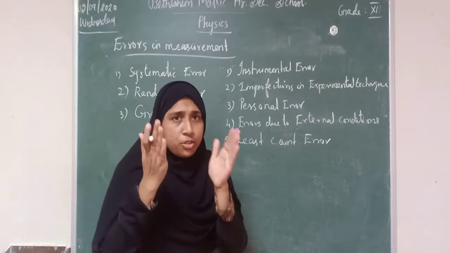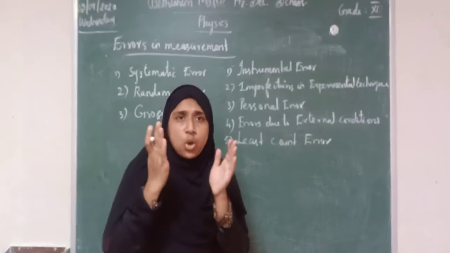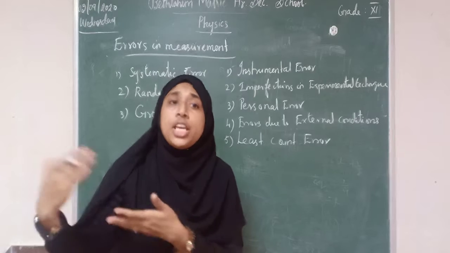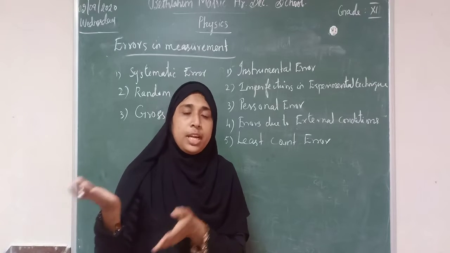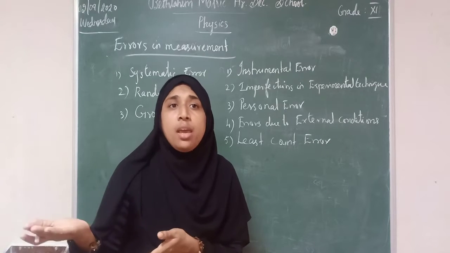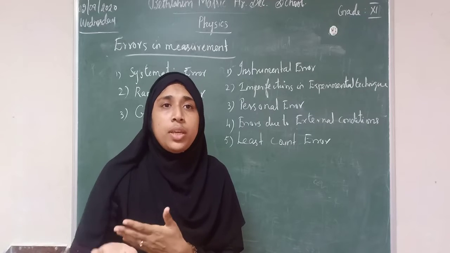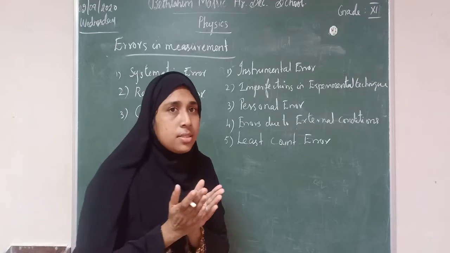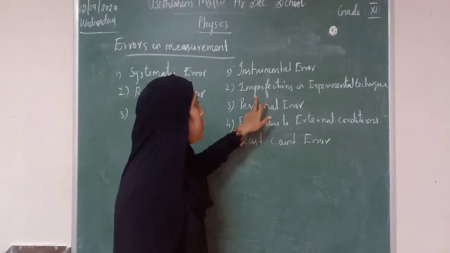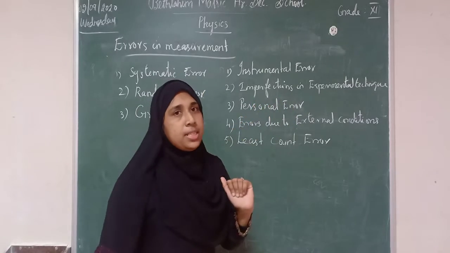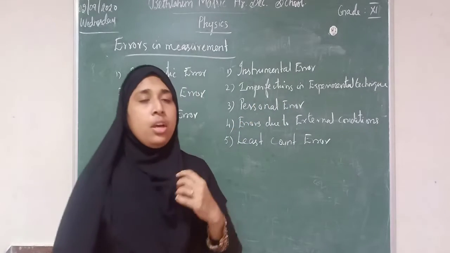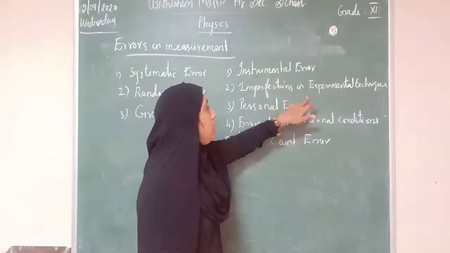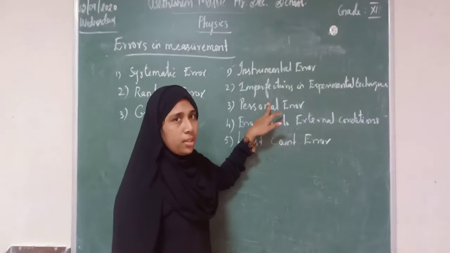It should be insulated properly. If it is not insulated properly, the radiation may be lost. So when you are not taking those precautions, that error will occur. When you are not doing the experimental technique properly, this error will occur.